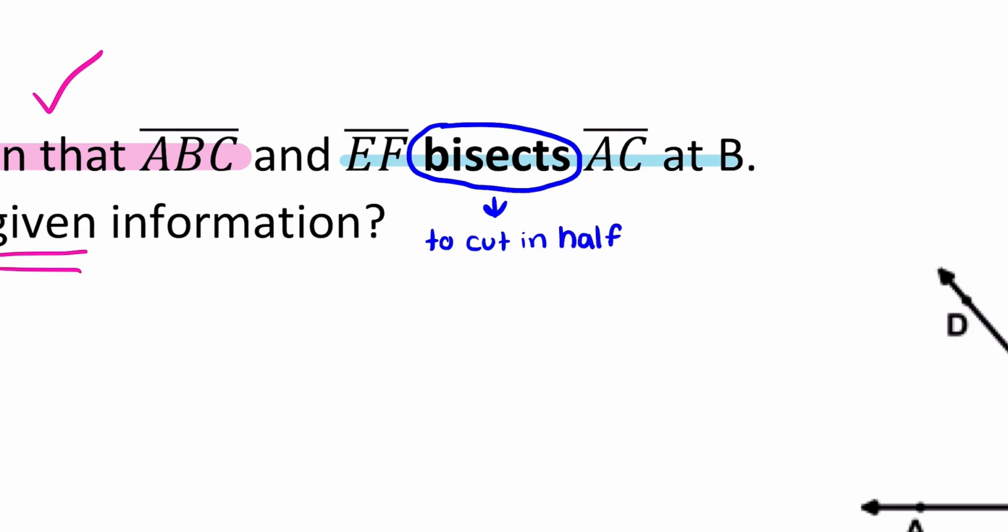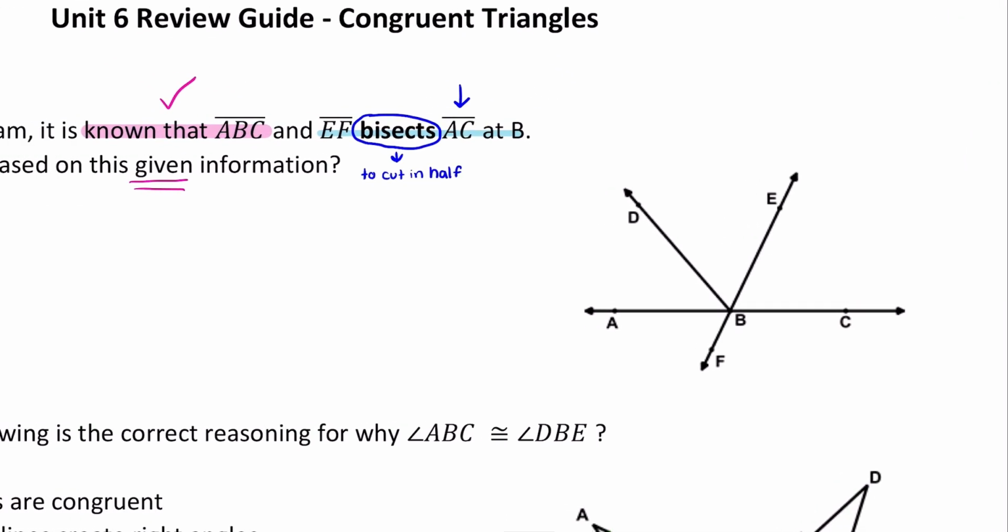And when you try to think about what you're cutting in half, it's always what's coming after the word bisect. So that line segment AC is getting cut in half. So remember, the line segment AC is right here, and it's saying it's getting cut in half at B, which means B is my midpoint, and I have these two congruent segments, one on each side. So really important information I got from that given.